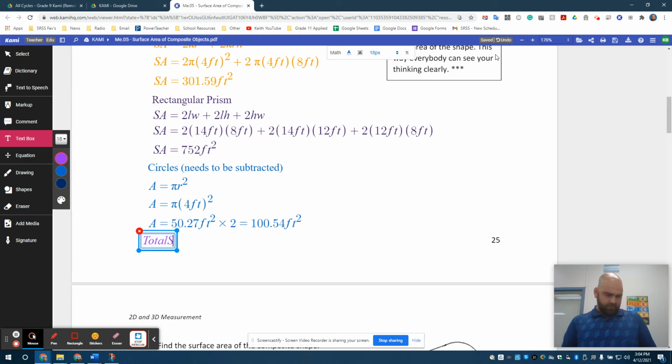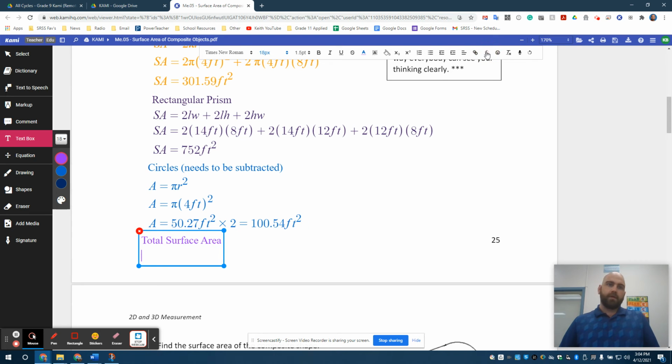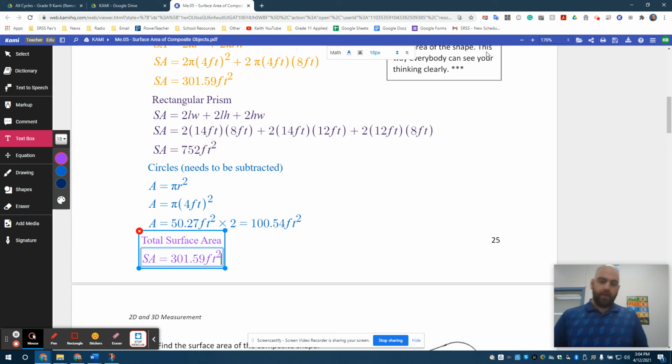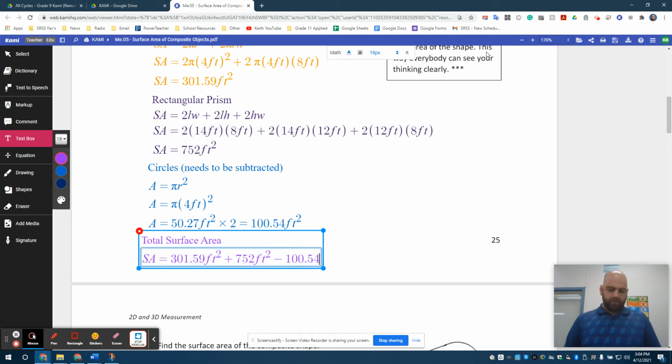So the total surface area is going to be the 301.59 that we found for our cylinder, plus the 752 square feet that we found for our rectangular prism, minus the 100.54 square feet that we are not going to need because of the parts that are combined.